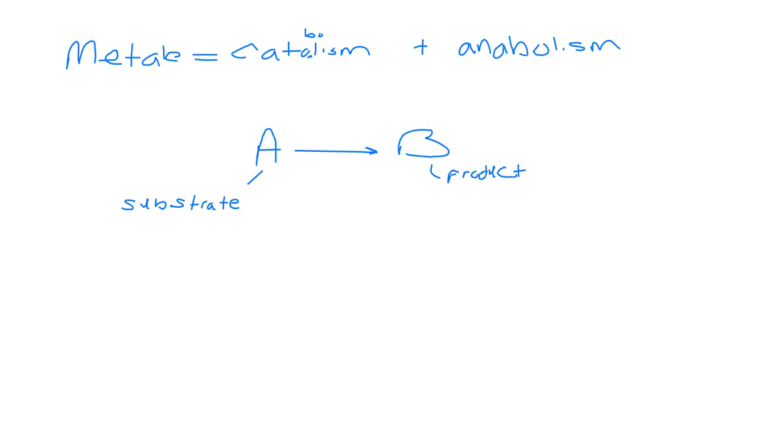Now, each of these molecules has a starting energy level, and therefore there's energy associated with the entire reaction. If we were to plot the time that a reaction takes, on the left here would be the start of the reaction, and on the right would be the end of the reaction. If we wanted to look at the energy change as the reaction proceeds, here's my starting energy, and I'm just making this number up for this example.